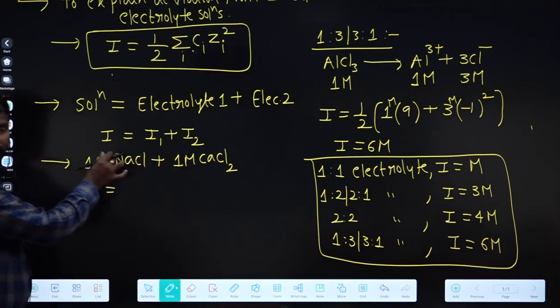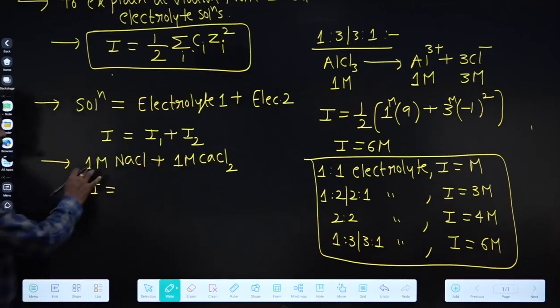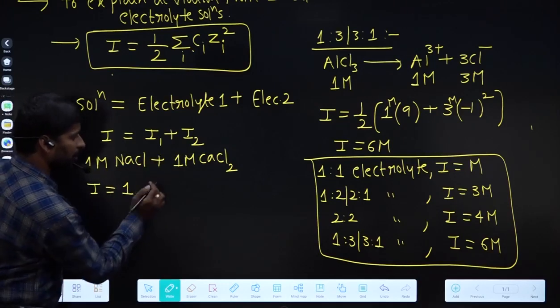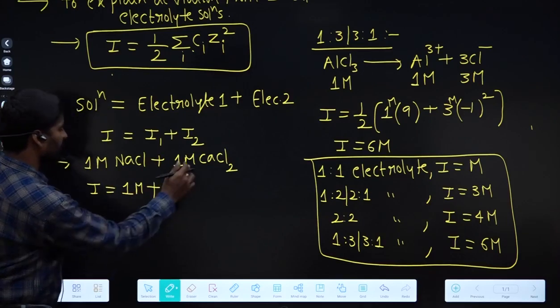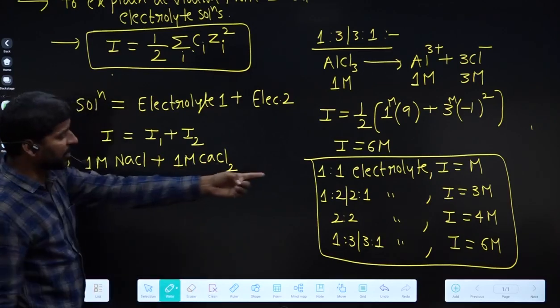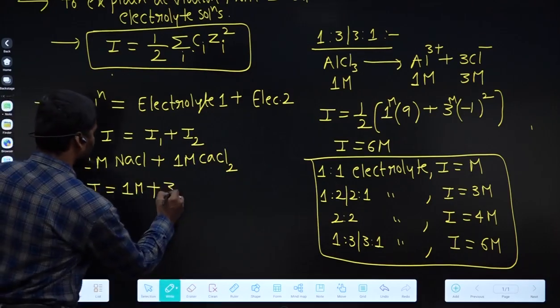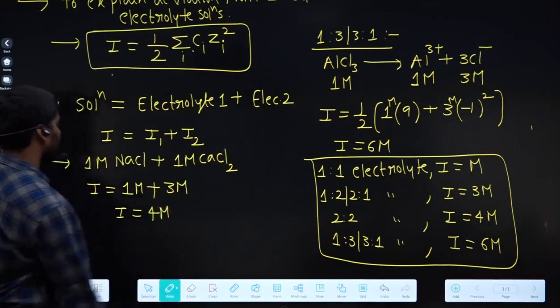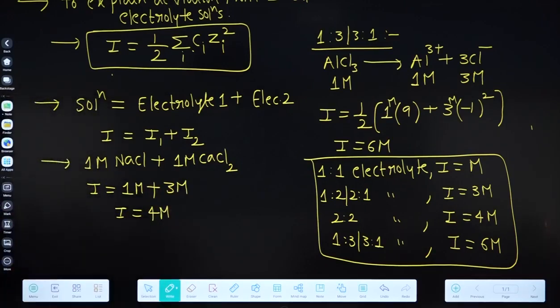For a 1:1 electrolyte, I is equal to m. So that means 1 only, plus 1m, here 3m. For 2:1 or 1:2 electrolytes, I is equal to what? 3m. So therefore the resultant solution ionic strength is what? 4m. The resultant solution ionic strength is 4m.